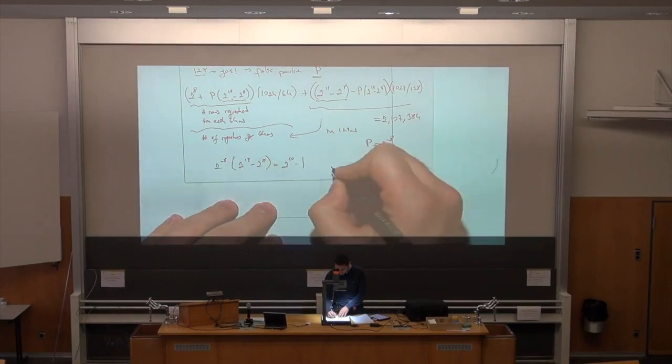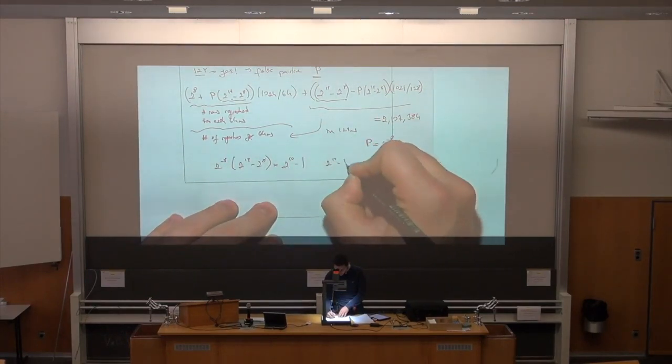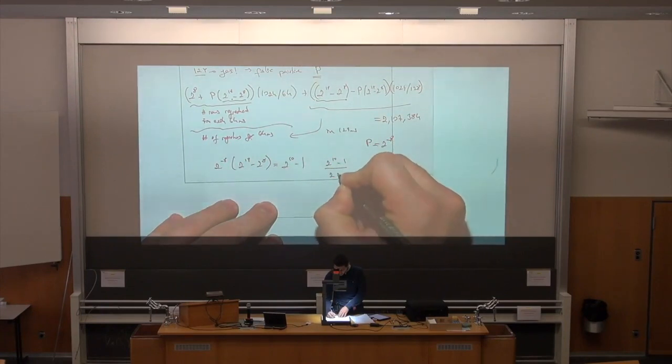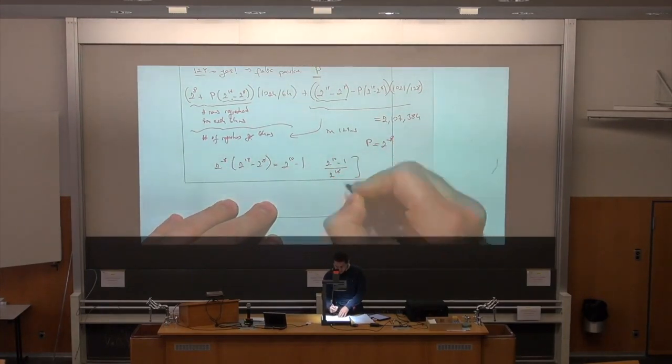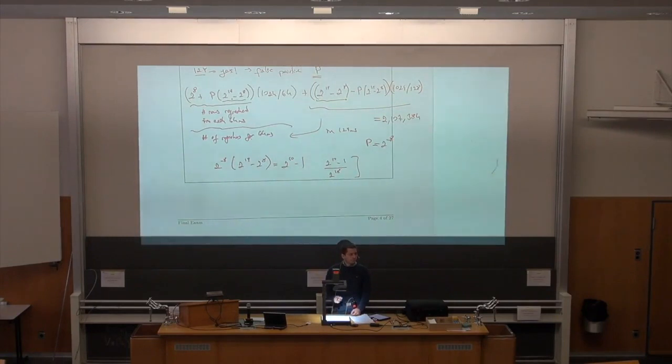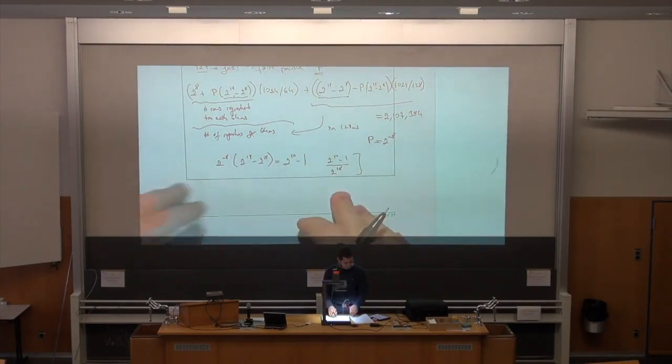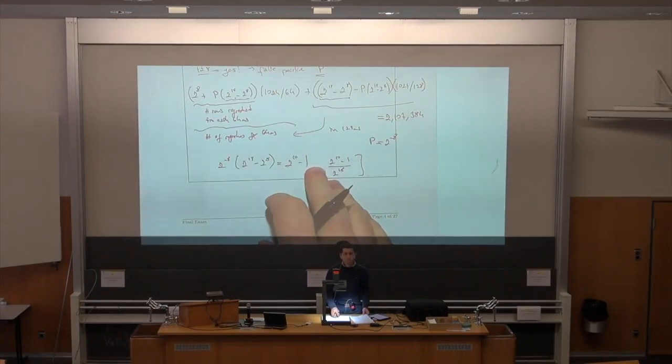And what is the total? Our fraction will be basically the total number of rows is this, and this is the false positive rate. And this is what the question asks for. Okay. Any questions?